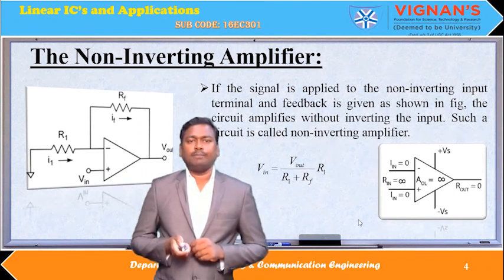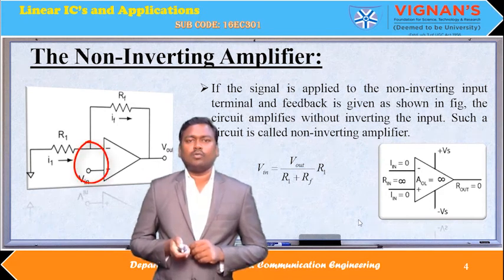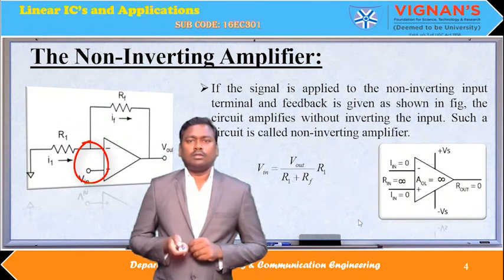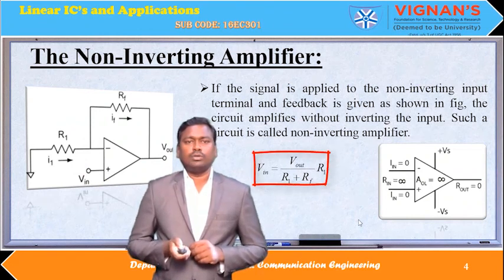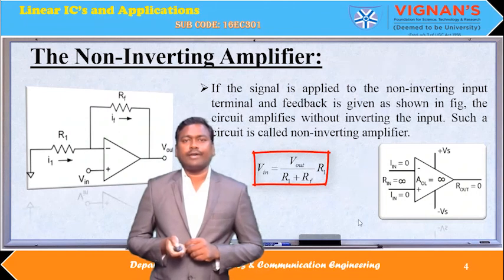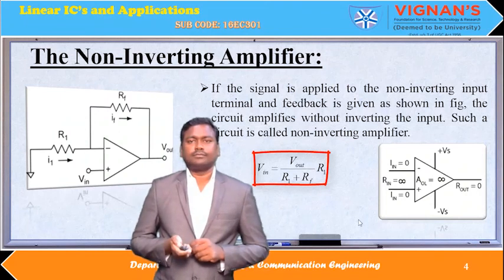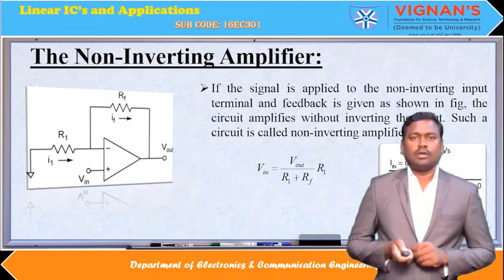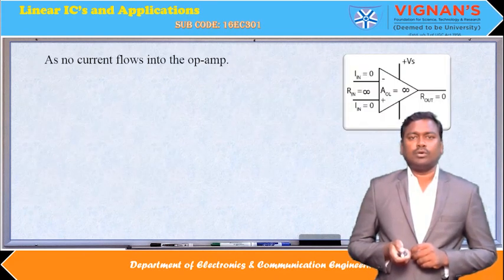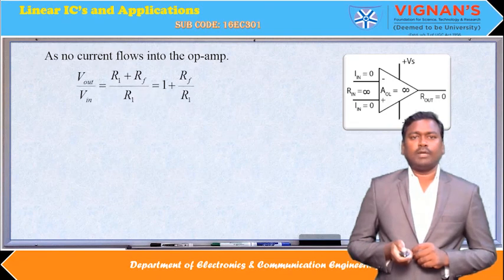Due to high input impedance, the non-inverting terminal voltage is equivalent to the inverting terminal voltage. Therefore, the relation between Vout and Vin can be written like this: Vin equals Vout into R1 by R1 plus Rf. We know that the op-amp input terminal current is 0, therefore Vout by Vin equals 1 plus Rf by R1.